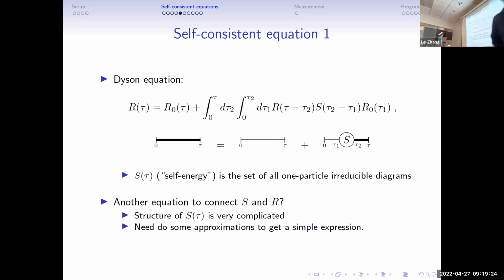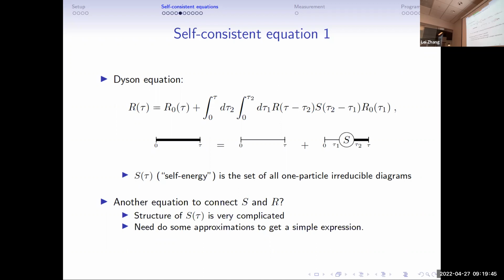Next, we want to find the self-consistent equations for the graph propagators. Equation 1 is straightforward. It's the Dyson equation. That means S is the self-energy of the corresponding pseudo particle propagators, and S is the set of all one particle irreducible diagrams.